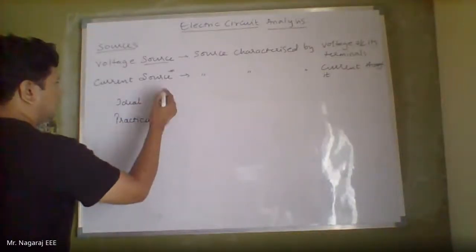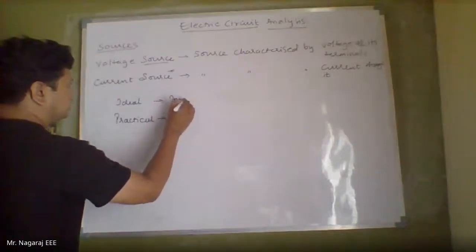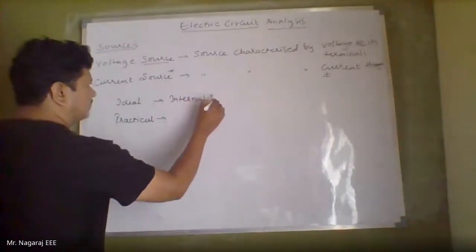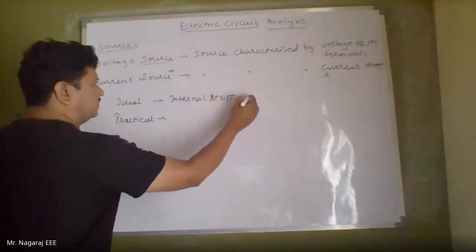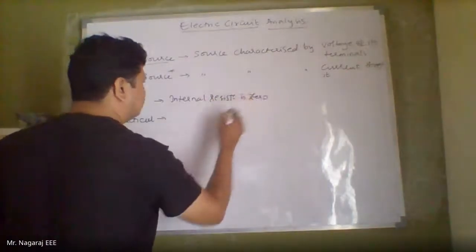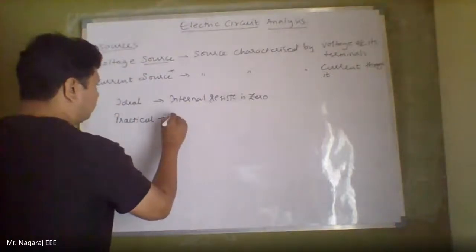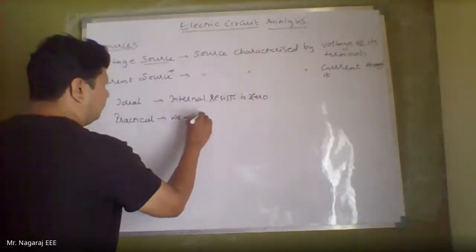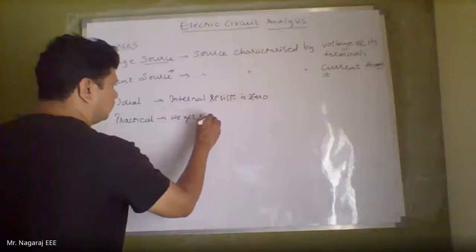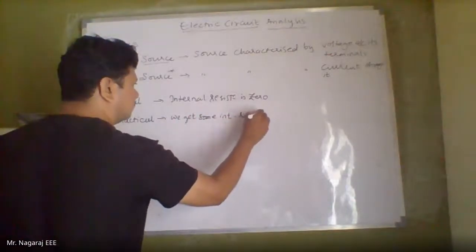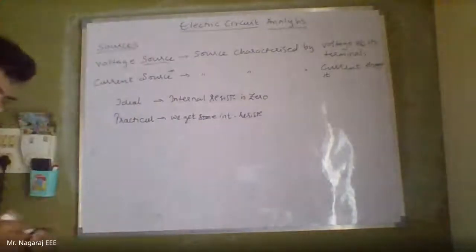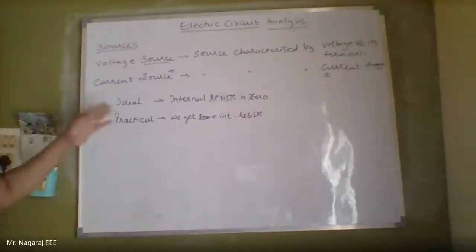In ideal, internal resistance is 0. Here we get some internal resistance. So ideally, there will be no internal resistance.